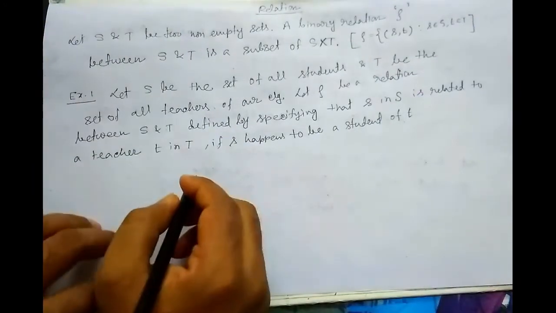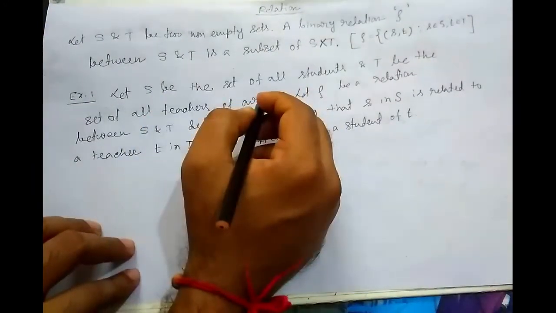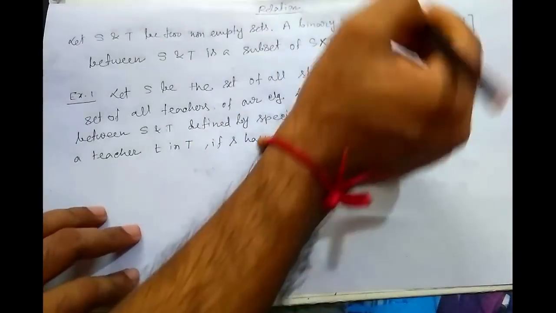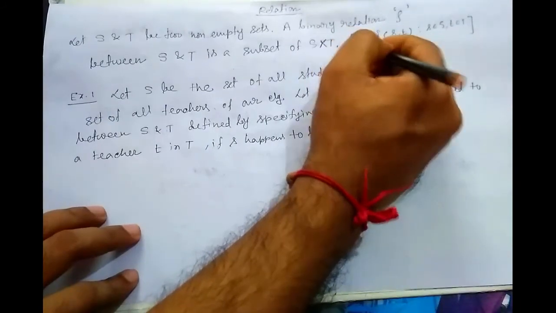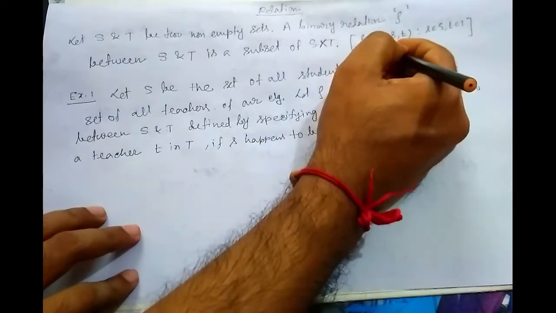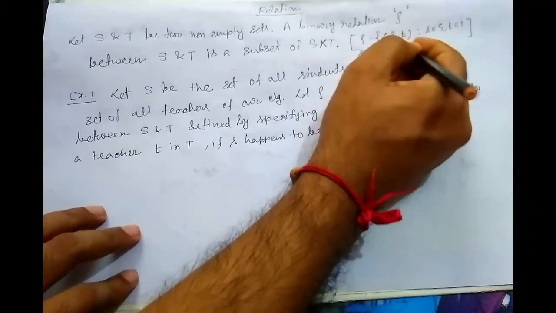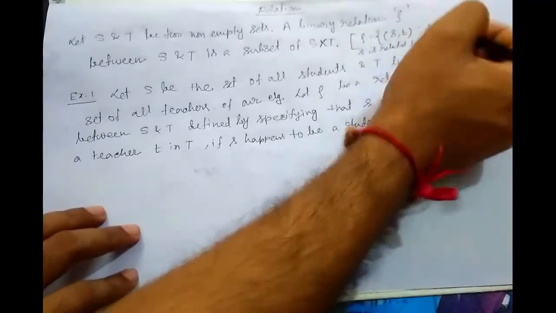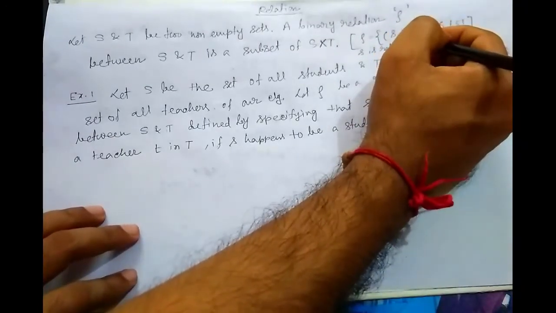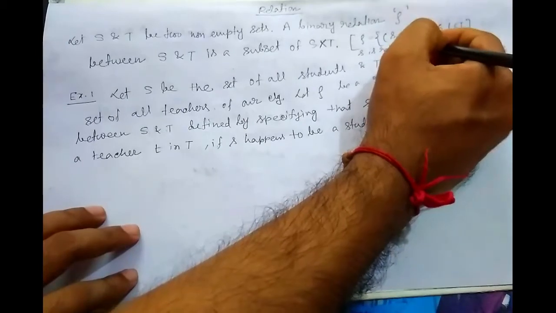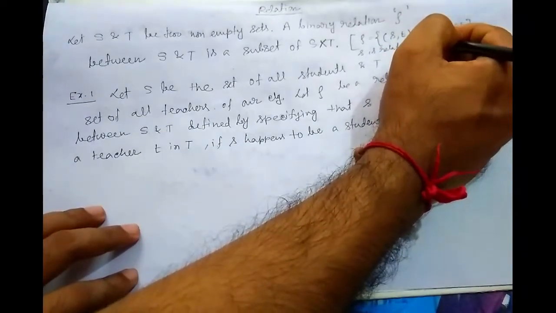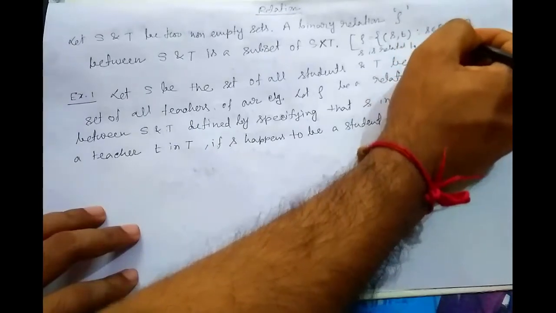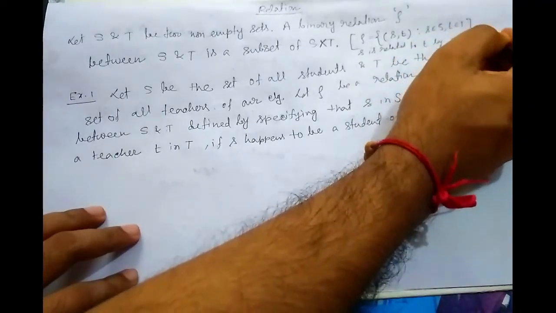So we call the ordered pair (s, t) as s is related to t. s is related to t by the relation rho.